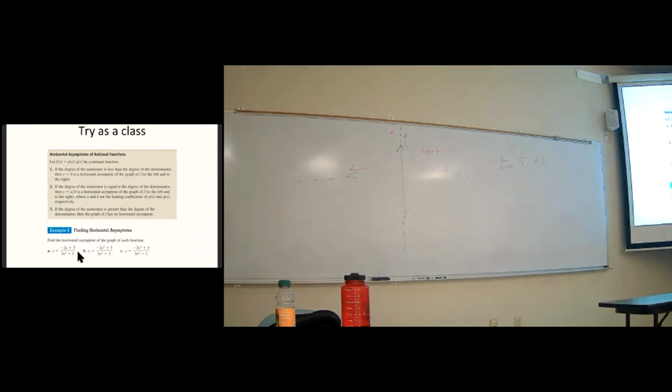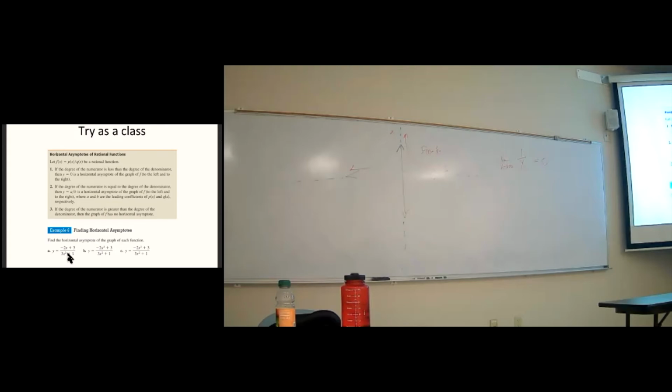All right, in this first problem, notice the degree of our numerator is less than the degree of our denominator. If the degree of the numerator is less than the degree of the denominator, then y equal to 0 is going to be one of our horizontal asymptotes. Now think about why this is happening. When we take the limit as x goes to infinity, this 2x term is going to be dominated by this 3x squared term, right?